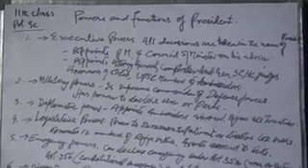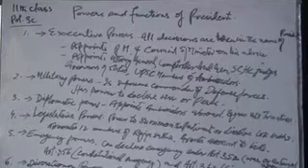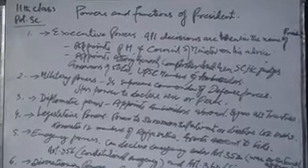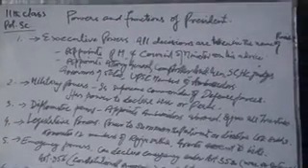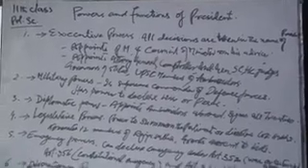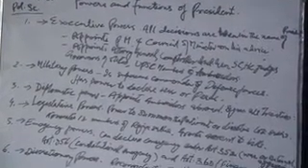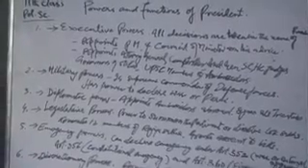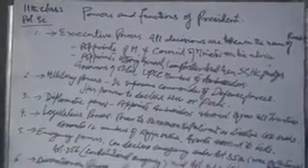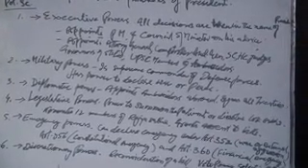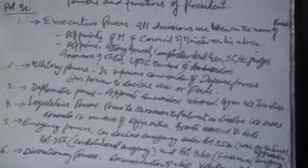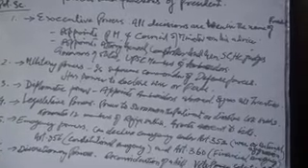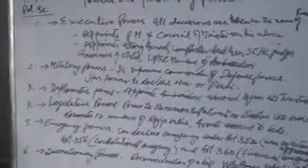We shall recapitulate these once again. Firstly, the executive powers, in which the President appoints the Prime Minister and Council of Ministers, appoints the Auditor General, Supreme Court and High Court judges, etc. The second is military powers.